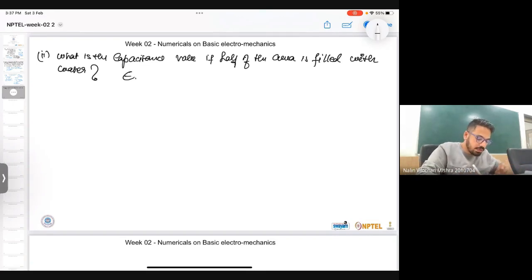The epsilon for water is given as, I think, 76 times epsilon of air.